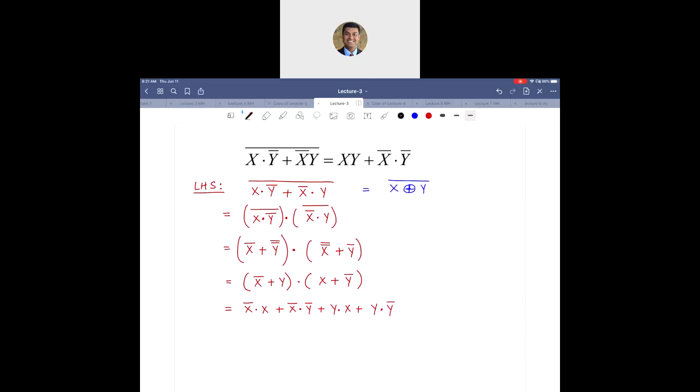And we know that these go to 0. Y and Y complement, X and X complement, those two go to 0. So we are left with X and Y, or X complement and Y complement, which is the right hand side.